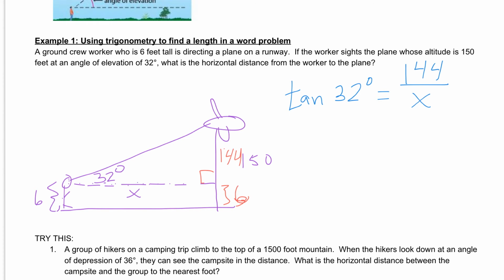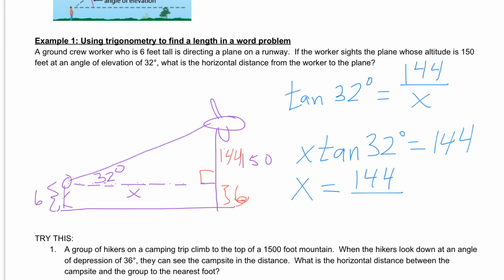Then to solve for x, we would have to multiply both sides of the equation by x to get it out of the denominator. So we get x times the tangent of 32 degrees equal to 144. And then to solve for x, all we have to do is divide by the tangent of 32 degrees on both sides. So x is going to be equal to 144 divided by the tangent of 32 degrees.